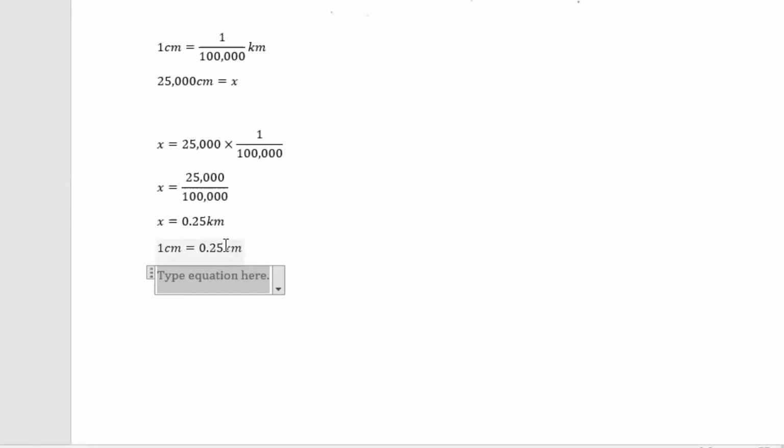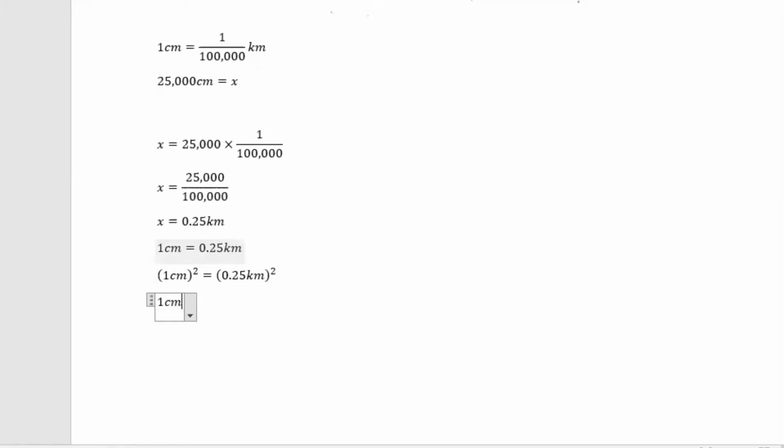So 1 centimeter is the same as 0.25 kilometers, but in reality if we square both sides, 1 centimeter squared is equal to 0.25 kilometers squared.